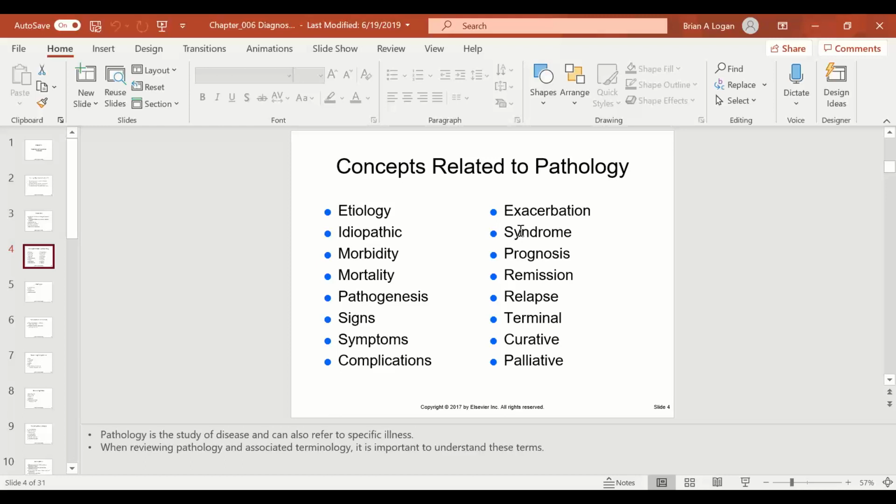It's something physically that is happening to you. You've got a runny nose, itchy throat, pain in the abdomen. Those are all symptoms.